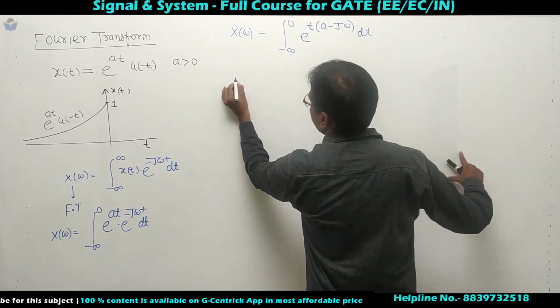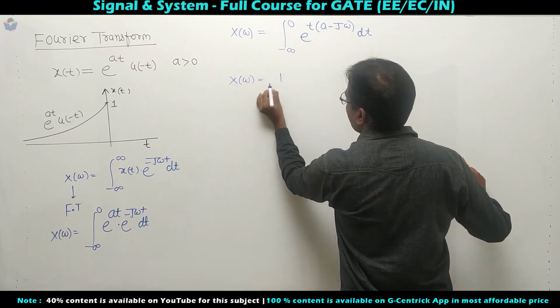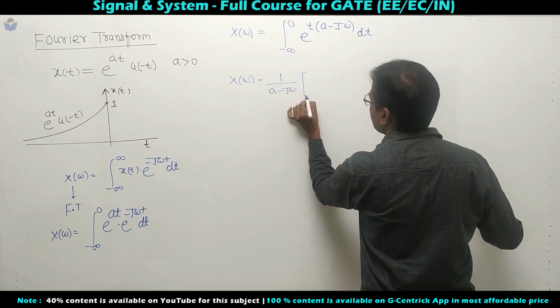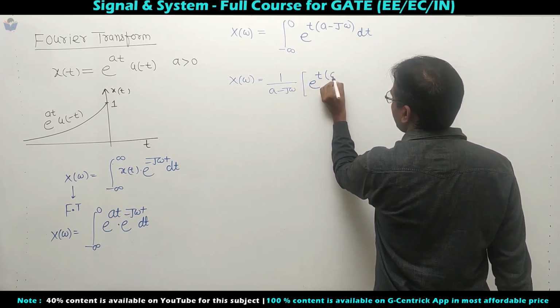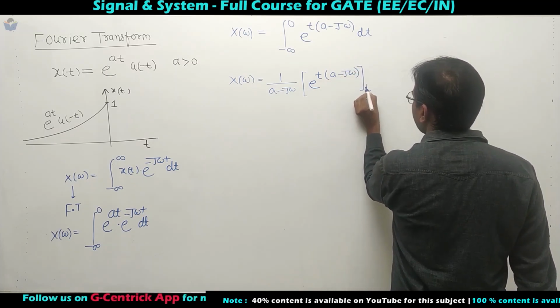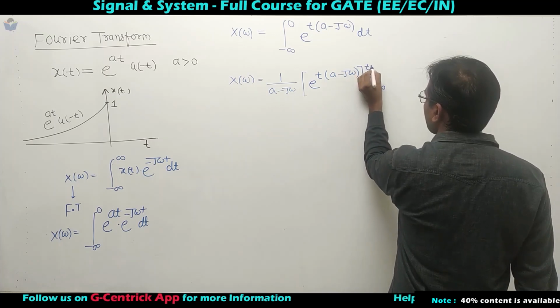The integration of this is given by 1 divided by a minus j omega into e to the power t into a minus j omega, from t equal to minus infinity to t equal to 0.